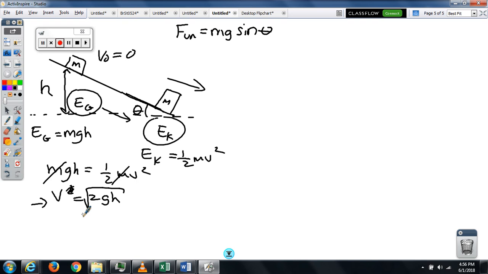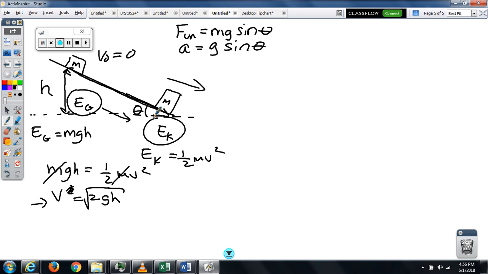Well, the acceleration is Fnet over m. So if I divide Fnet by m, you're just left with g sine theta. Well, now I know the acceleration. I know v initial is 0, and I'm looking for v final. I don't have time. What I would need, though, is a distance, and the distance that I would want would be the distance downhill.